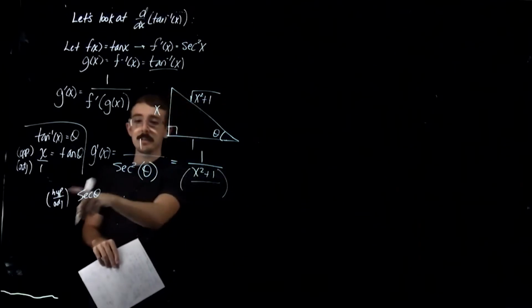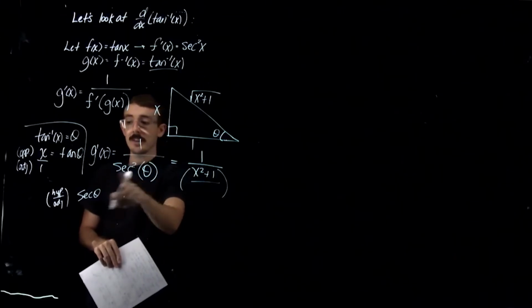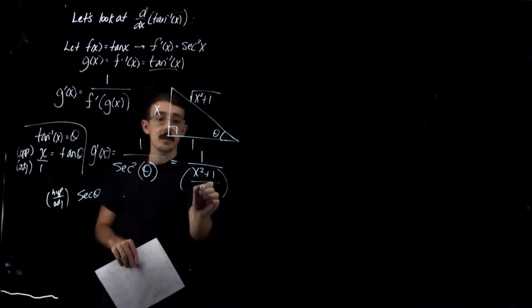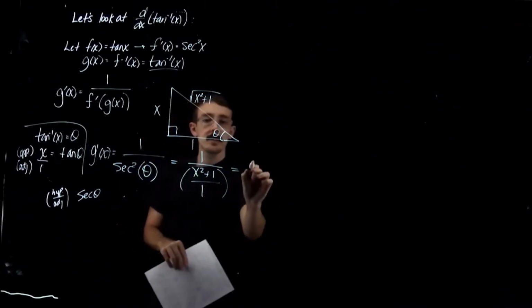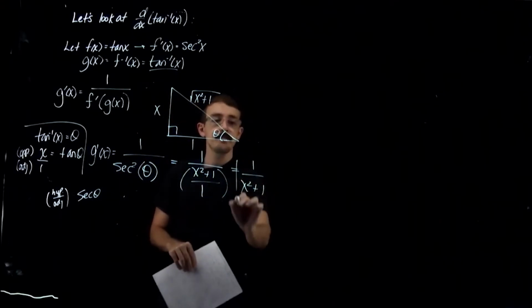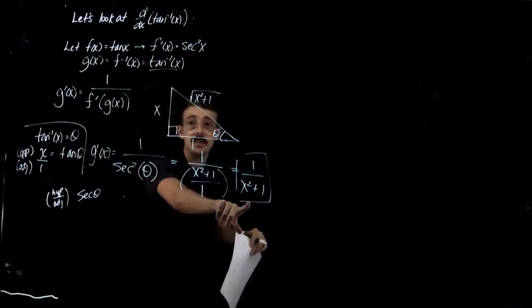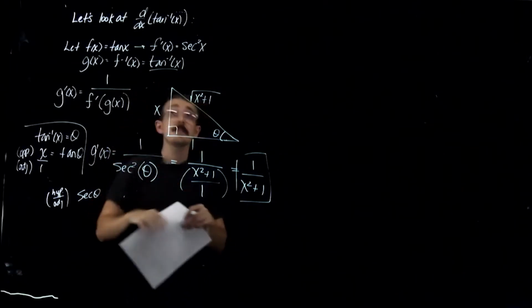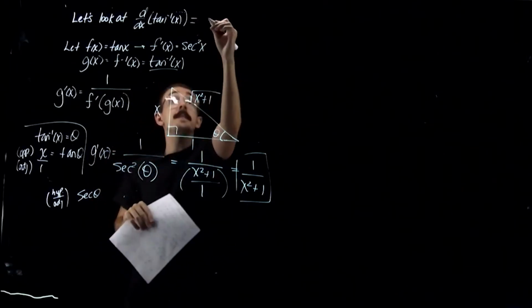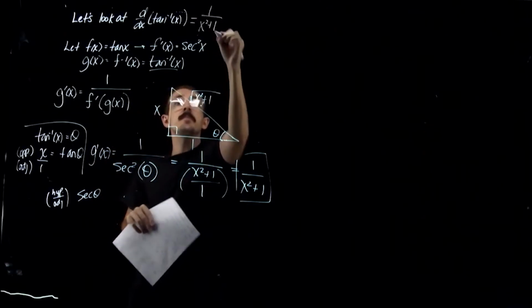So it'll be hypotenuse squared over adjacent squared, which is just 1. And then if I keep change flip, this will become 1 over x squared plus 1. So this turns out to be the derivative of inverse tangent. So I can write that as my rule now. This is the derivative of inverse tangent.